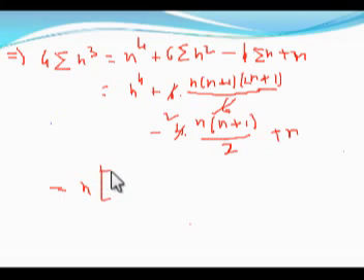So we will get on the right hand side n, and in the bracket n cube plus, if we multiply without n, this will be 2n square plus 2n plus n plus 1.